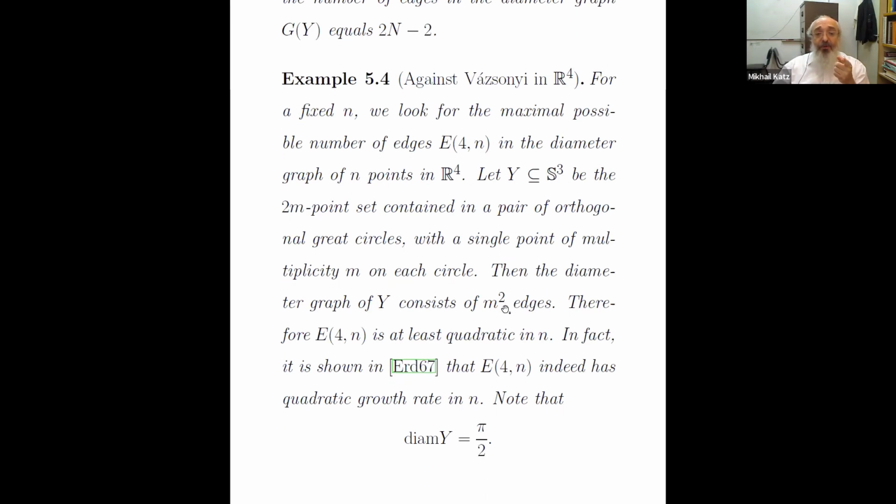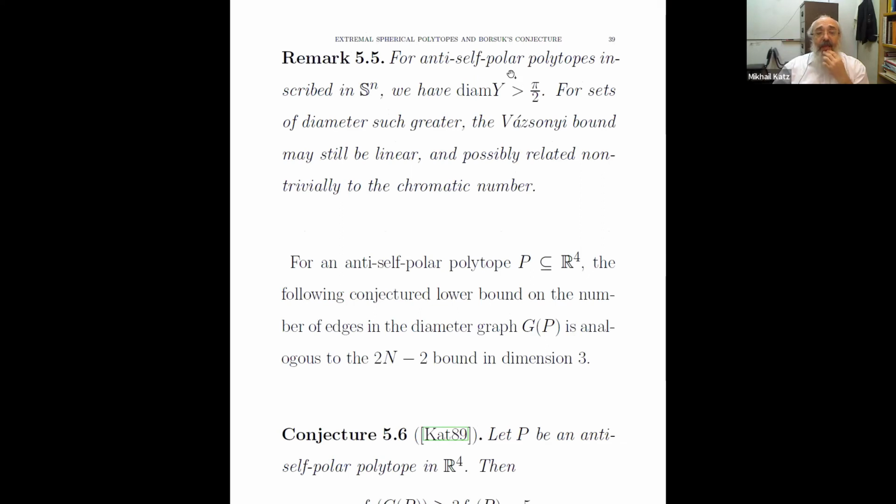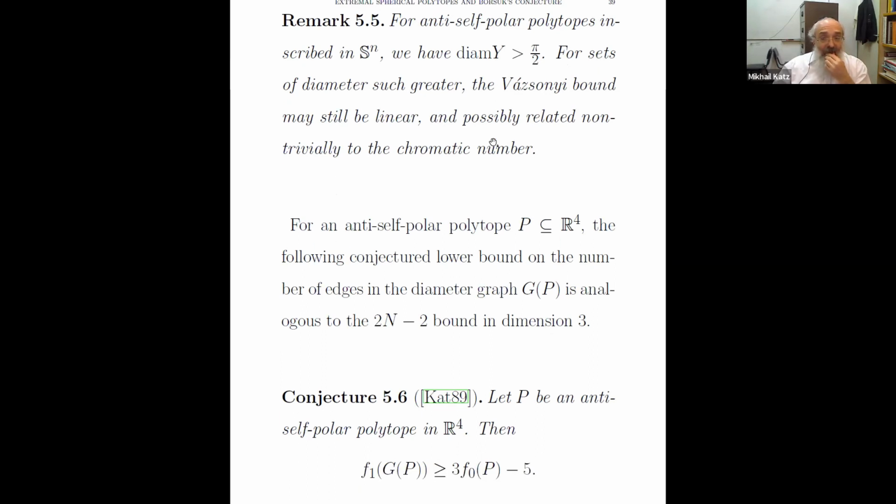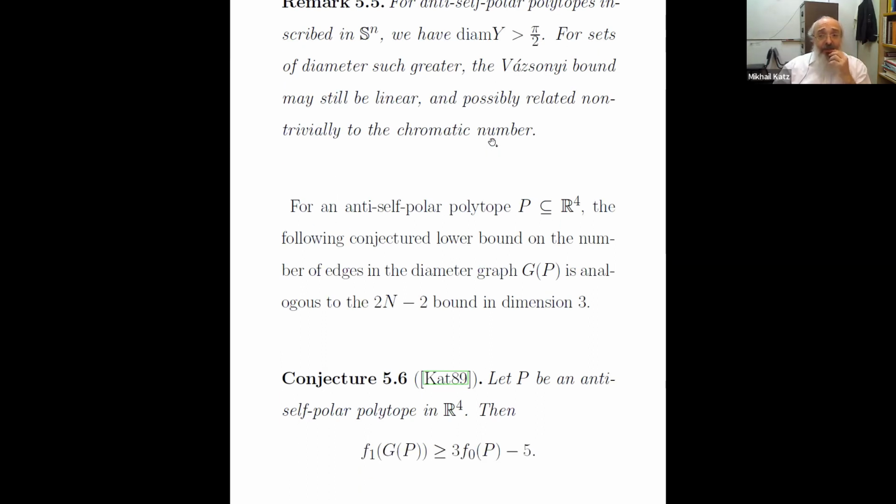For all the anti-self-polar polytopes, the diameter is actually bigger than pi over 2, and I don't have any counterexamples of the type that I just mentioned. It could be that the Vázsonyi bound will still be linear in R4, and maybe even related to chromatic number.